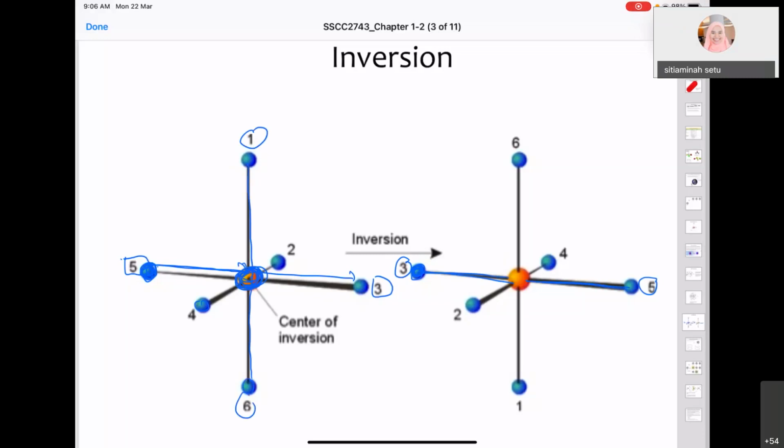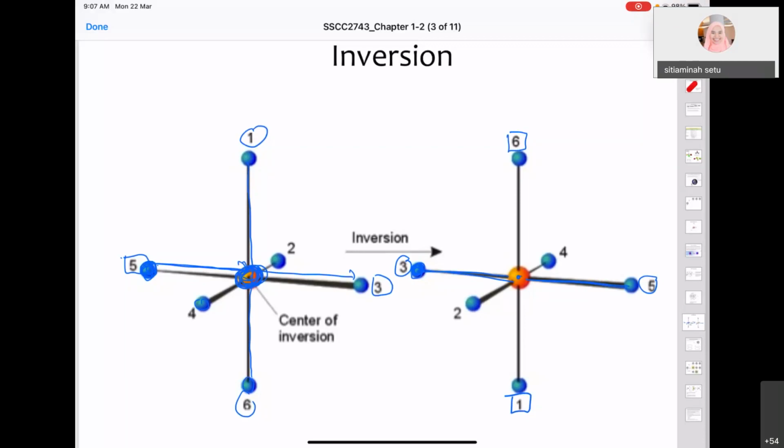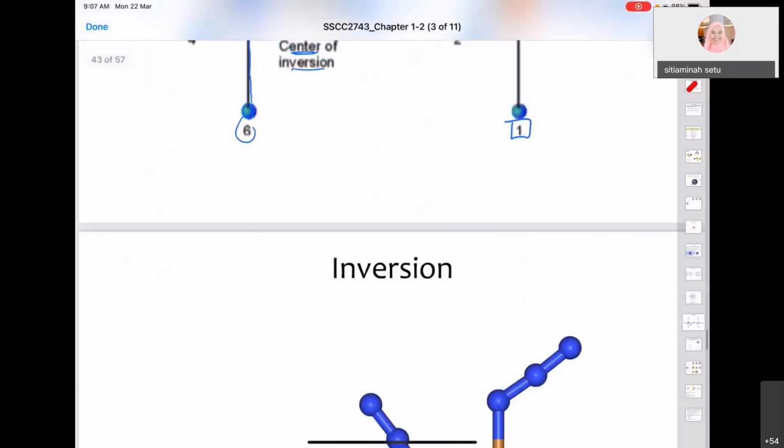So kita akan dapat yang bertukar. This one akan jadi number 6 and this one akan jadi atom number 1. So here is the center of inversion. Okay. Sebab setiap symmetry operation dia mesti ada dia punya elements dia. So for this inversion dia punya elements dia adalah a point. Okay, so this is the center of inversion.